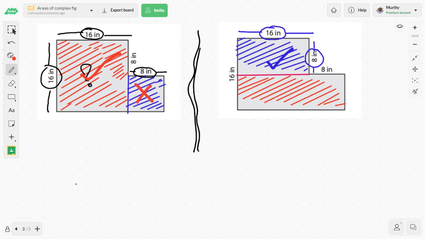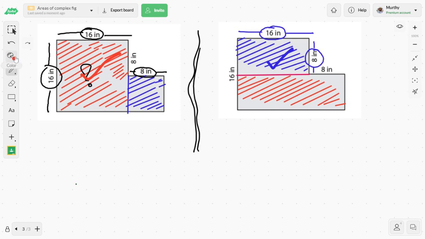The answer is no, because I don't know the width part. Coming to the next part, what is the length of this one? I don't know. And what is the width of this one? I don't know. So here you have to think.